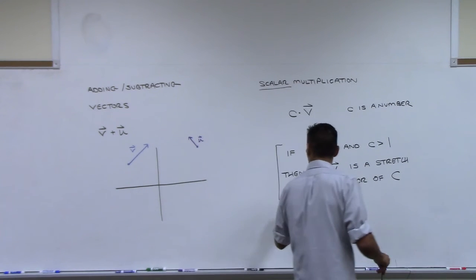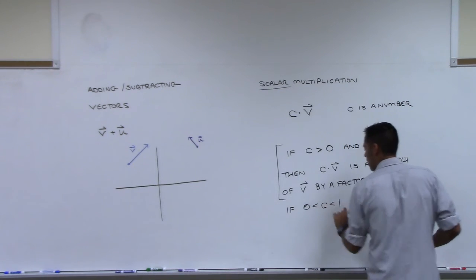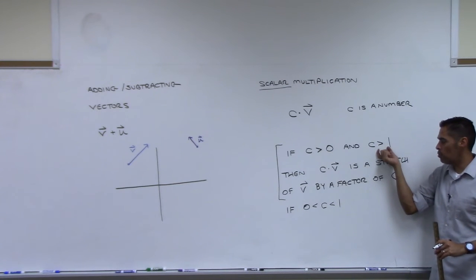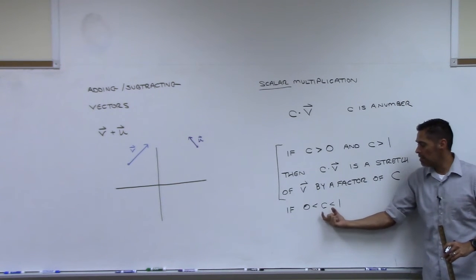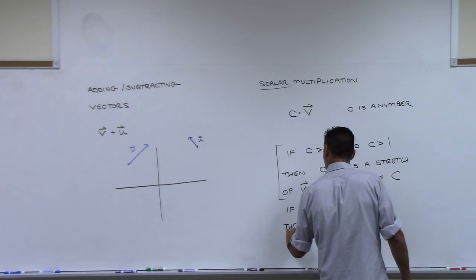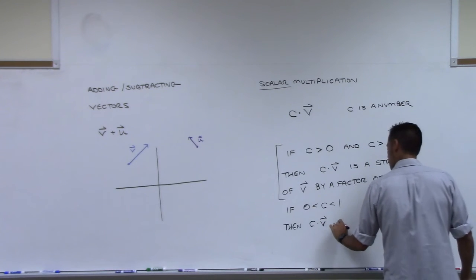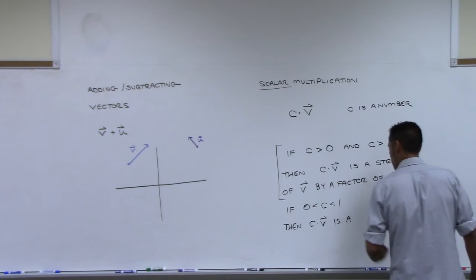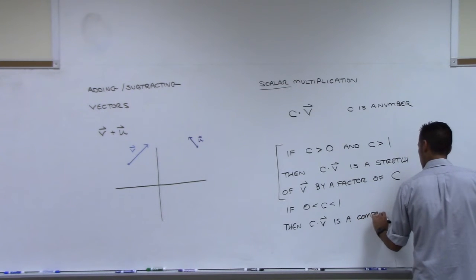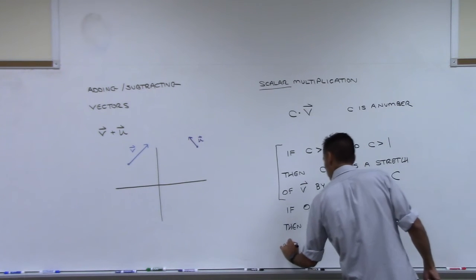So I can say if c is between 0 and 1, then c times v is a, what, compression or something? Shrinking of v.